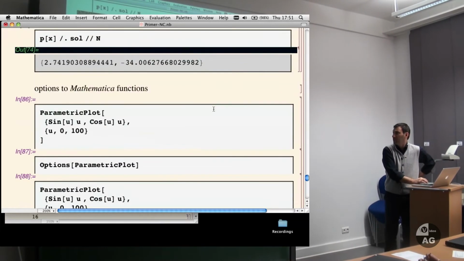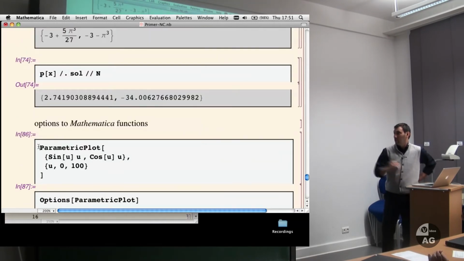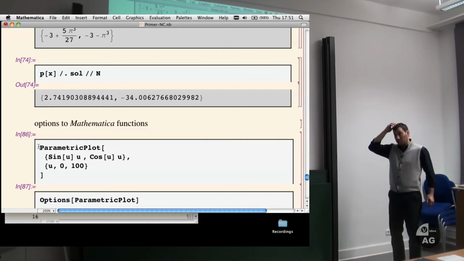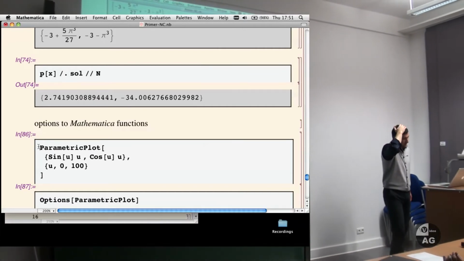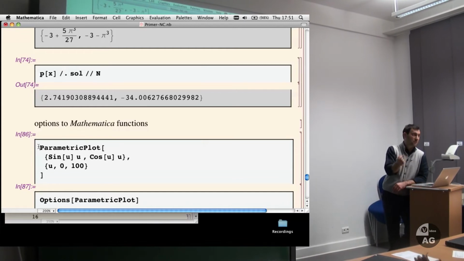Now, another way that replacement rules are used in Mathematica is with the options for the functions. This is a ParametricPlot.